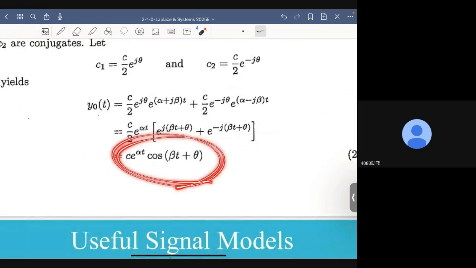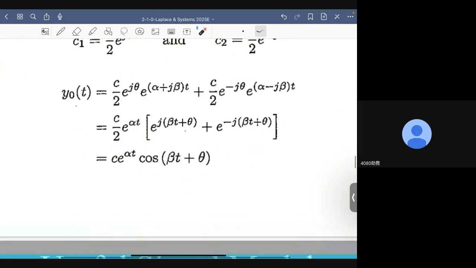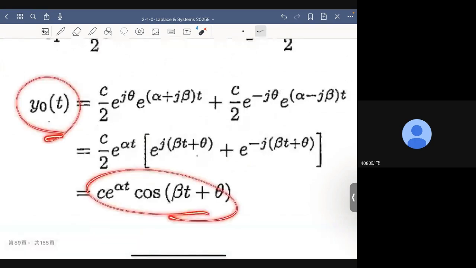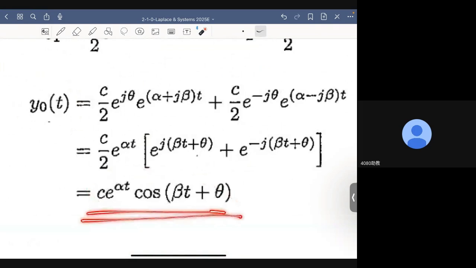I'll skip the mathematical process because it's really not that tedious. So now everything makes sense, because in the end what we have is a real valued function.